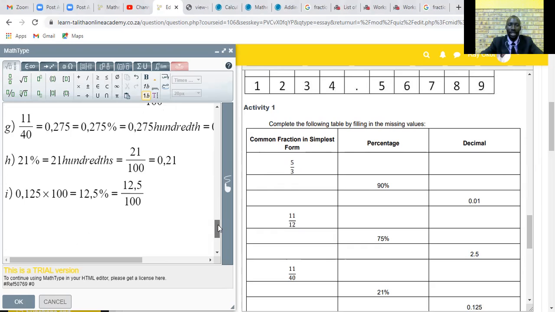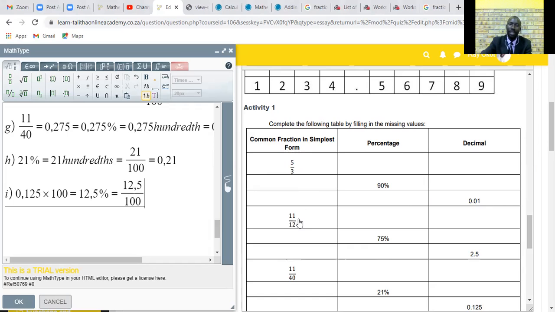Okay, so once again, if a number is already given under decimal, to take it to percentage, multiply by 100. To take it to common fraction, what you have got is divided by 100. That is what you're going to get in common fraction.